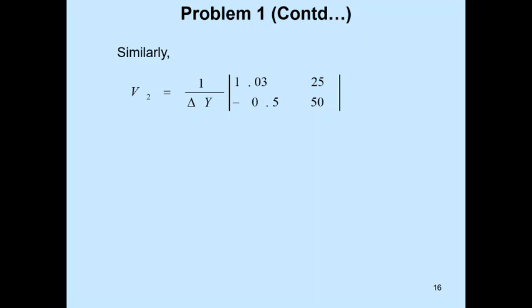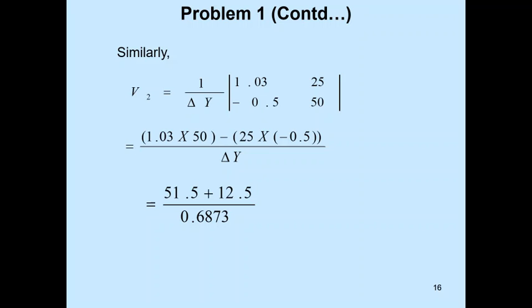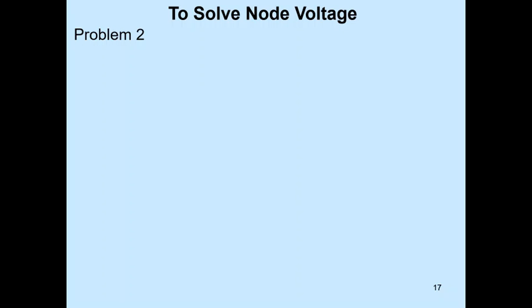Delta 2 is equal to 1.03 into 50 minus 25 into minus 0.5, divided by delta y. By solving this, we get 93.117 volts. So V1 and V2 are easily solved by the nodal analysis method.